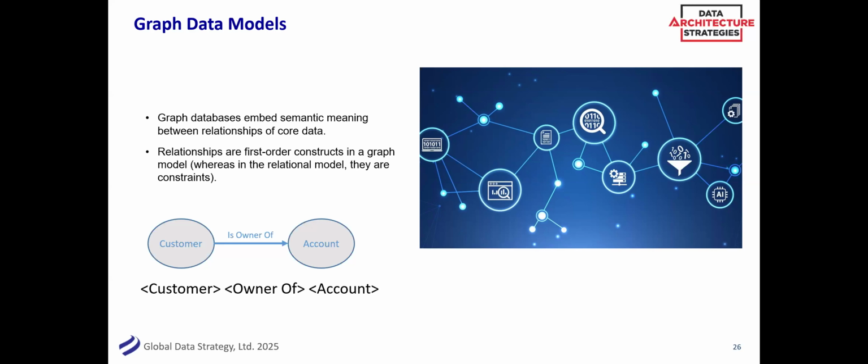There's different relationships between different nodes. So in a graph, the relationships themselves are more first order constructs with semantic meaning. So you can say, a customer is an owner of an account, but canceled an account or has these different relationships. So you can have some of that semantic meaning. So again, yes, they're data models because they have both structure and semantic meaning, and a super interesting and helpful use case, which is different than some of those others.